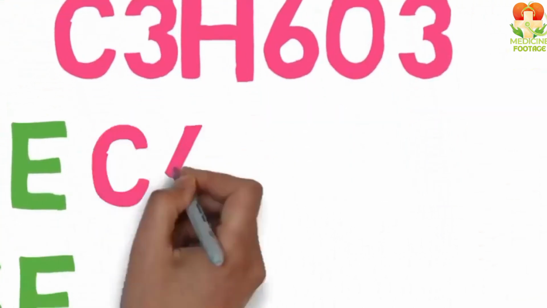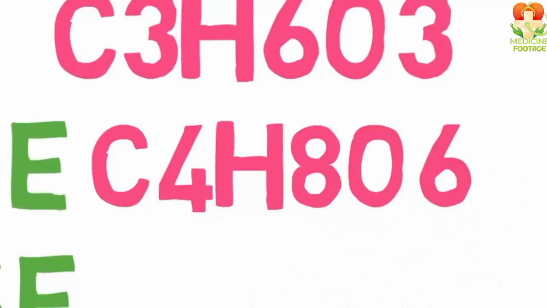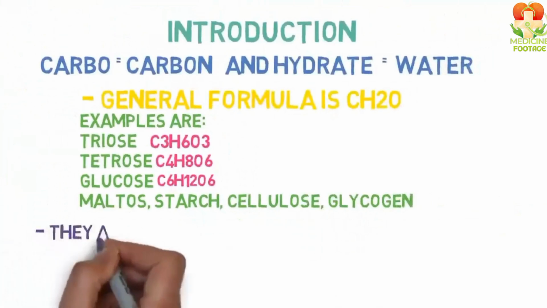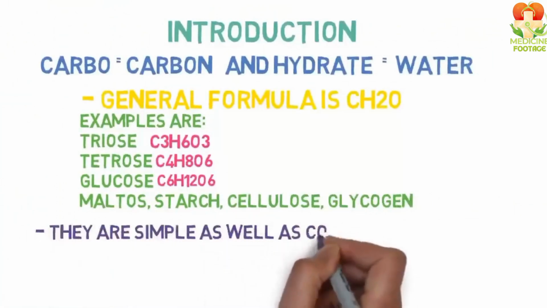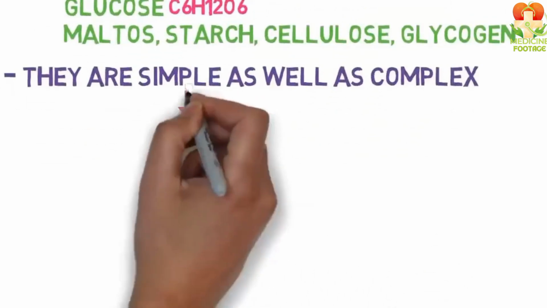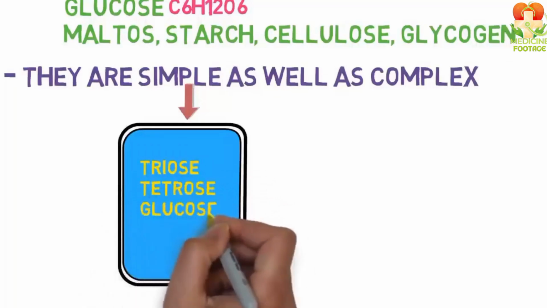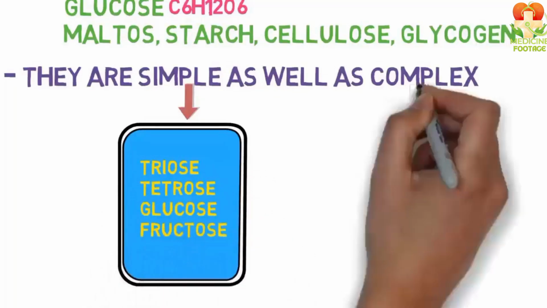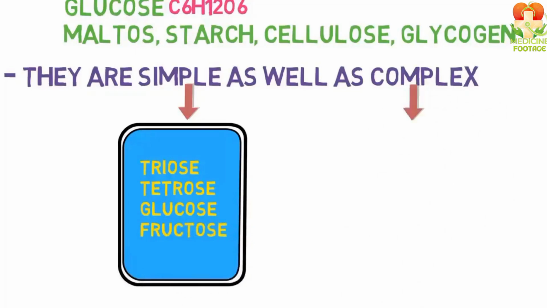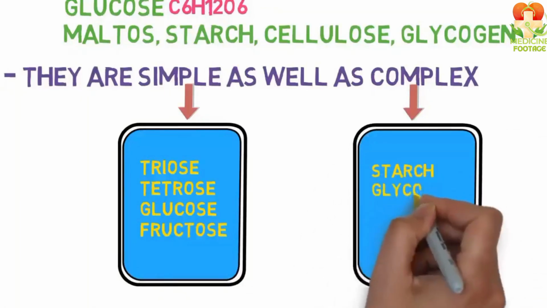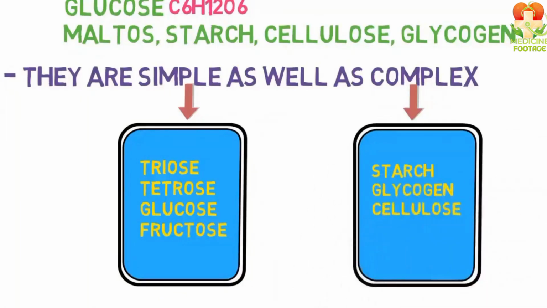Tetrose is a 4-carbon sugar, and glucose is a 6-carbon sugar. Carbohydrates can be simple or complex. Simple examples include triose, tetrose, glucose. Complex carbohydrates include starch, glycogen, and cellulose.